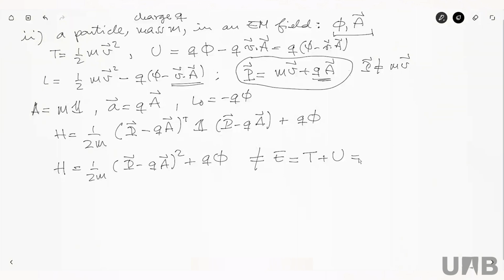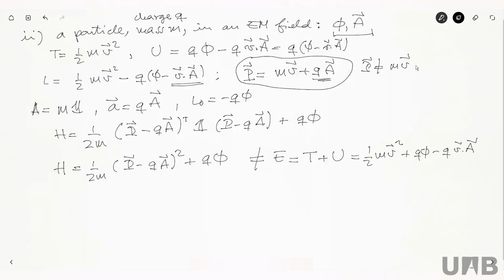And this is 1/2 m v squared plus q phi minus q v dot A. That's the energy. And this has nothing to do with that, because remember that this object here is similar to that, but this other term is not there, okay? So it is different.